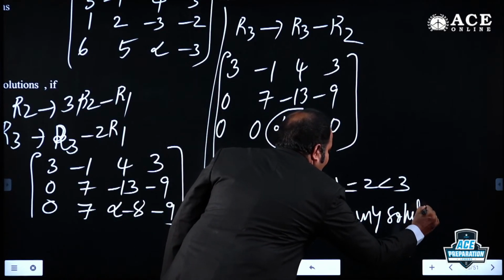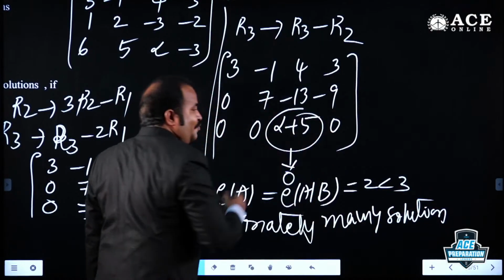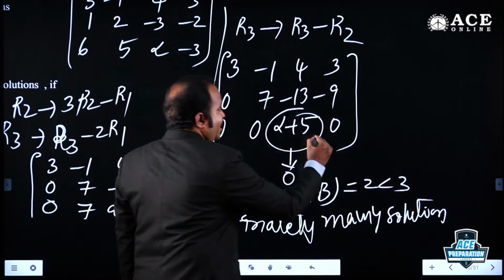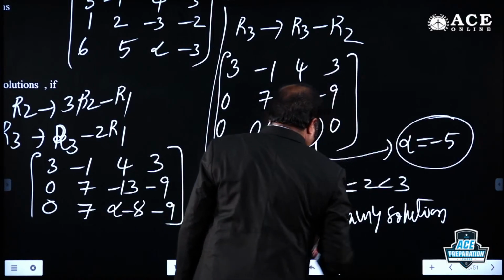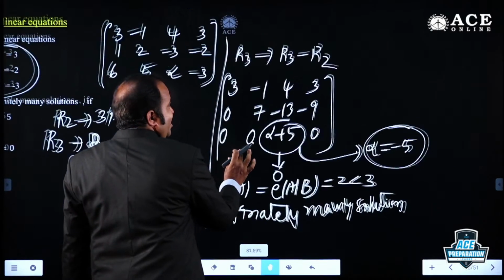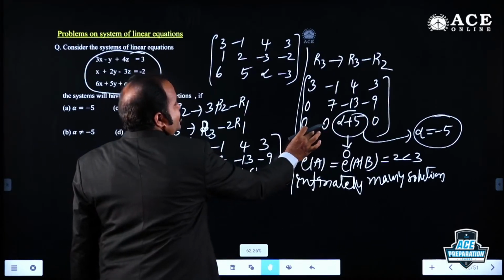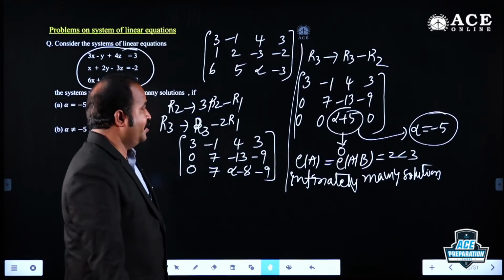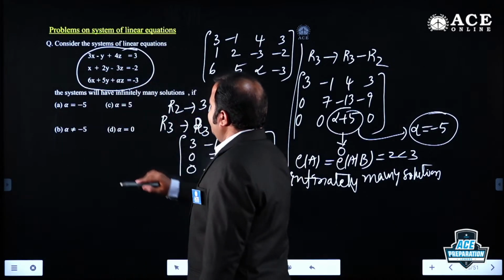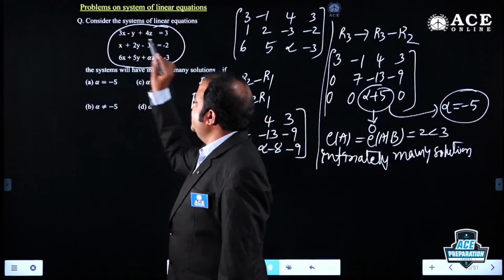Therefore, for what value of alpha does alpha plus 5 become 0? Alpha equals minus 5. So for alpha equal to minus 5, we get infinitely many solutions for this system. Very good example on systems of linear equations. Understood or not? Option A is the correct answer.